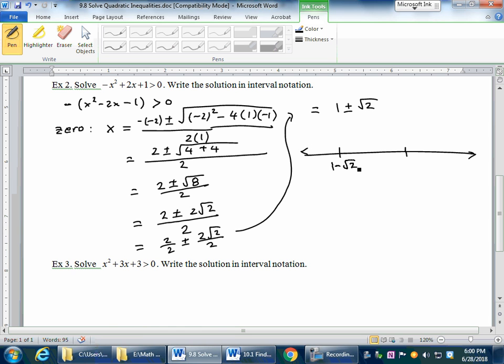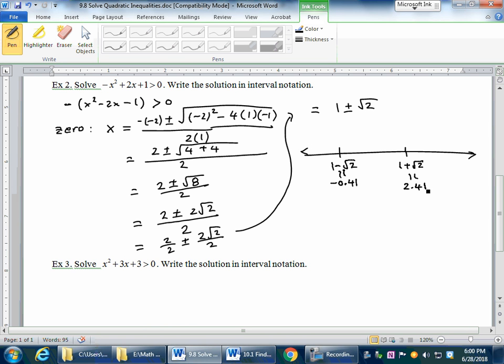You have to find the decimal number because that will help me later on to test the point easier. So 1 minus square root of 2 is approximately negative 0.41. And then 1 plus square root of 2 is approximately 2.41.